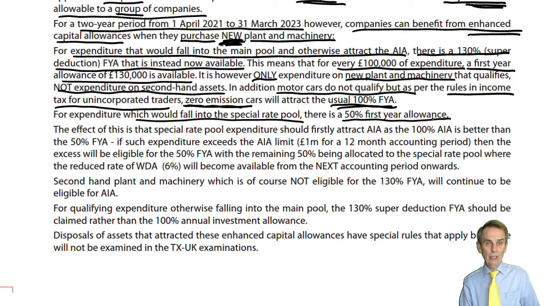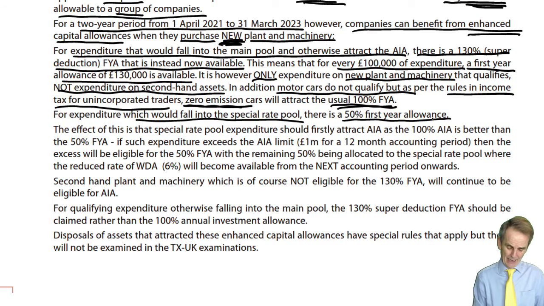The vast majority, probably all of your otherwise AIA qualifying expenditure on normal plant and machinery is now not going to have AIA. It's going to have instead the 130% FYA.